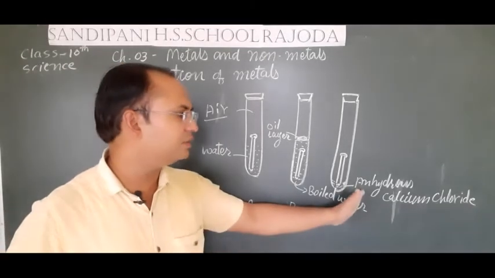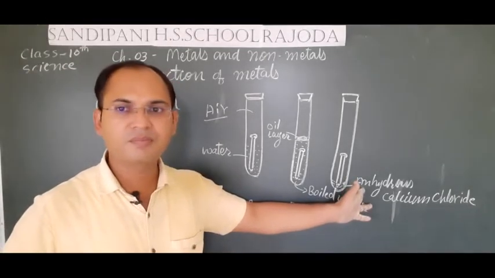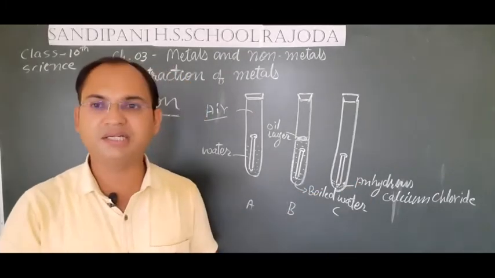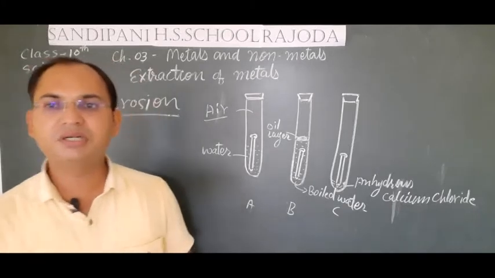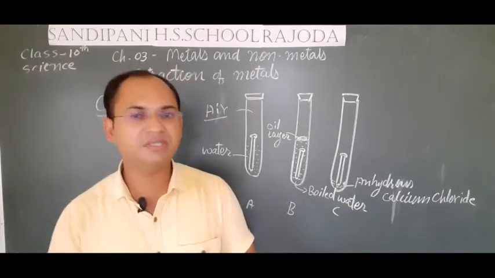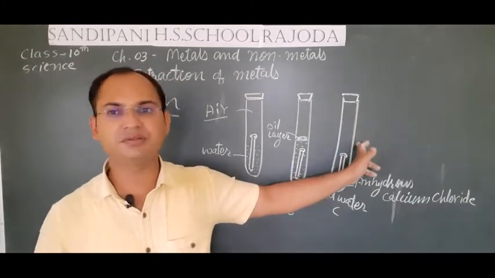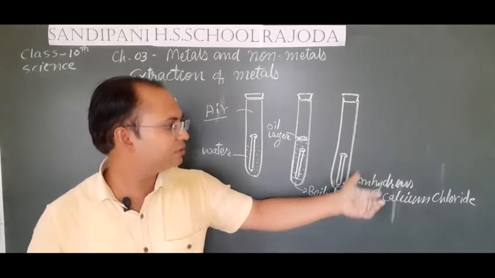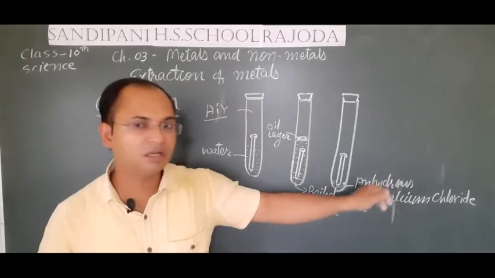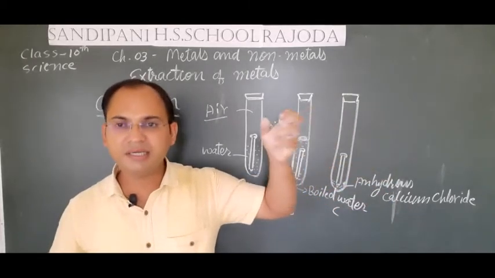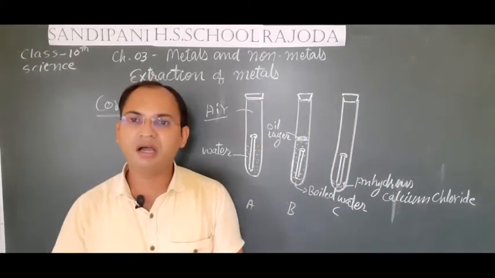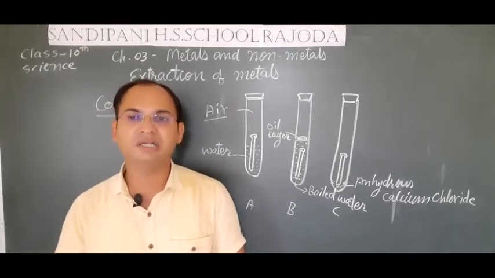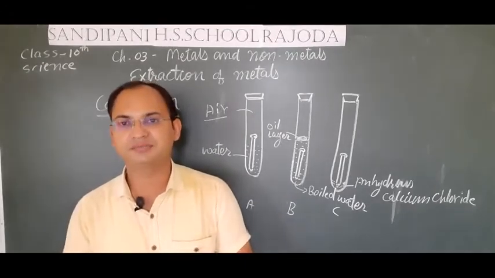In the third case, the test tube in which we have put anhydrous calcium chloride, which absorbed all the moisture present in the air inside the test tube, the nail gets in contact with the oxygen in the air, but does not get water or water vapor in order to react.